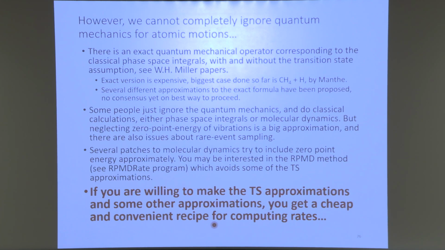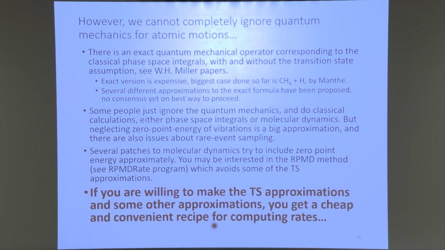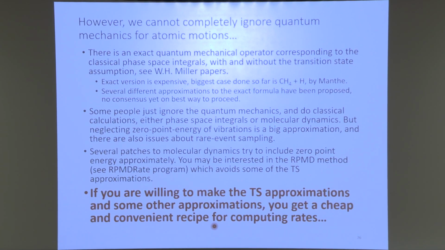Now, the quantum mechanics matter for the atoms, not just for the electrons. So one thing was the vibrations. The vibrational levels are really different for quantum mechanics compared to classical mechanics, so you have to include that. There are other effects, like tunneling, that are quantum mechanical.